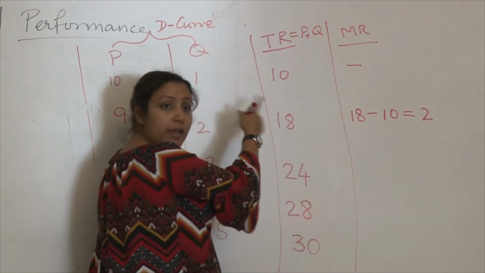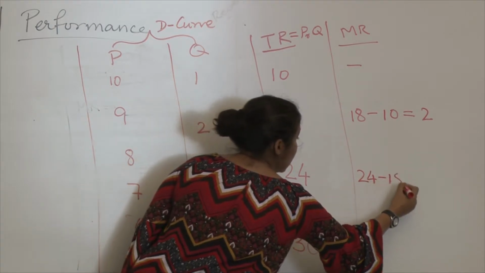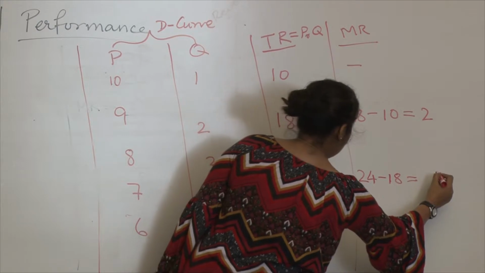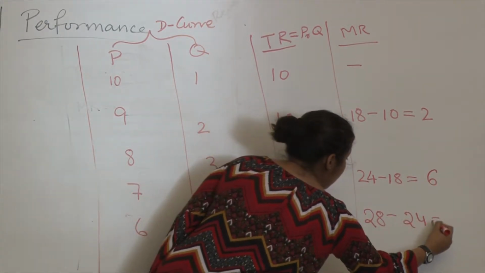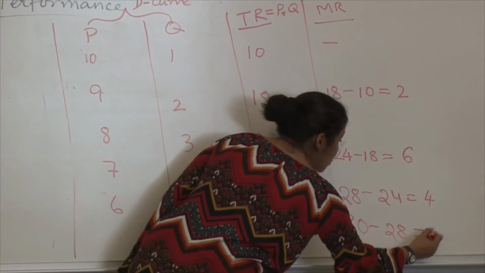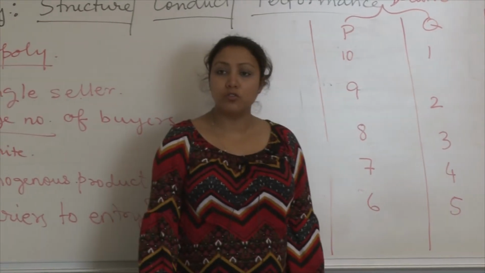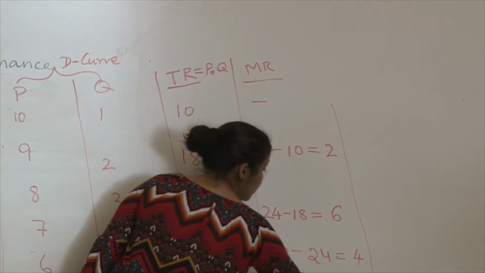That means for every extra one I am finding, 24 minus 18, how much is that? 6, right? 28 minus 24, that is 4. 30 minus 28, that is 2, okay? So the law of diminishing marginal revenue is also true. The marginal revenue is also going down.